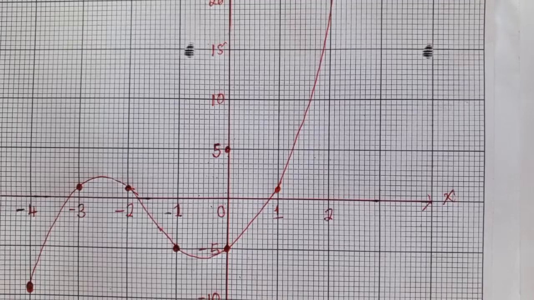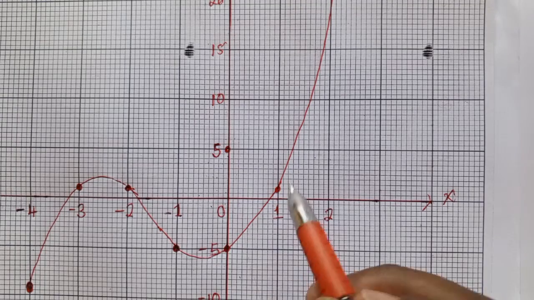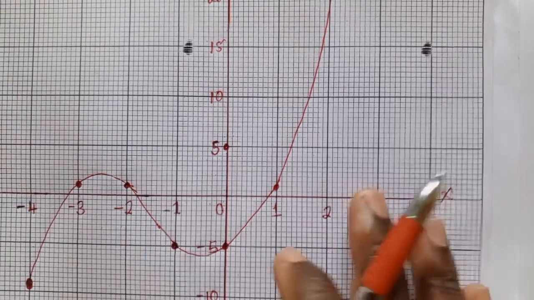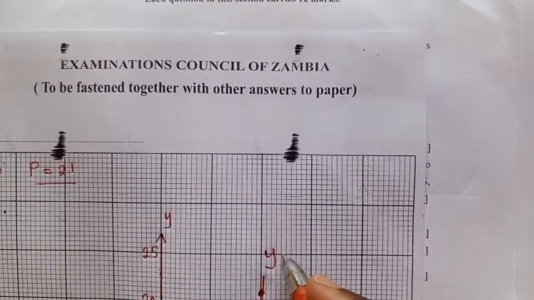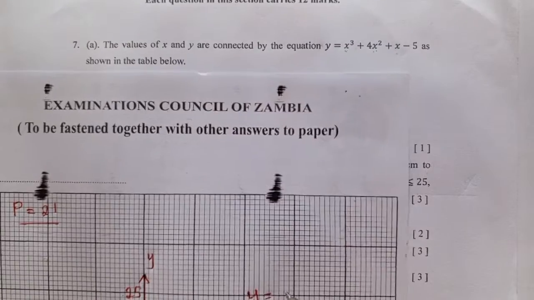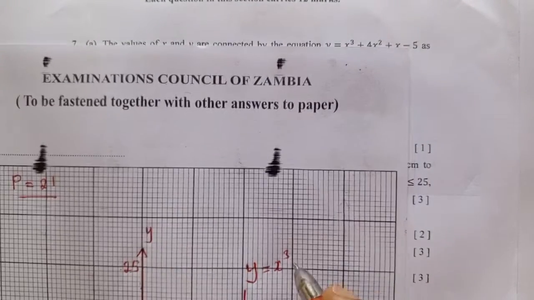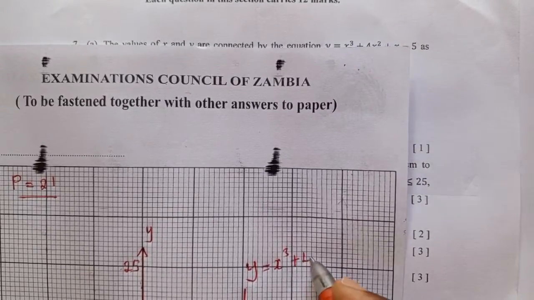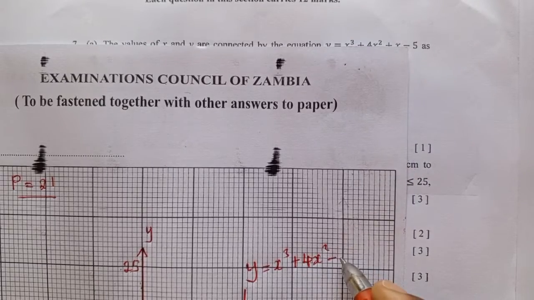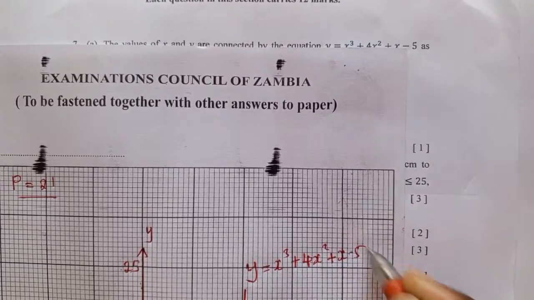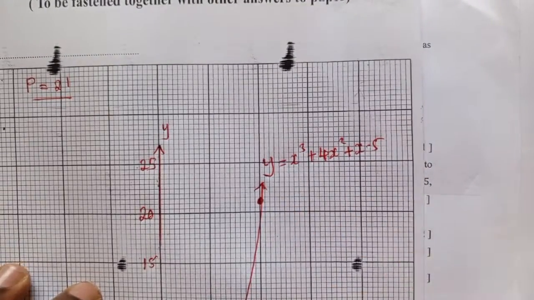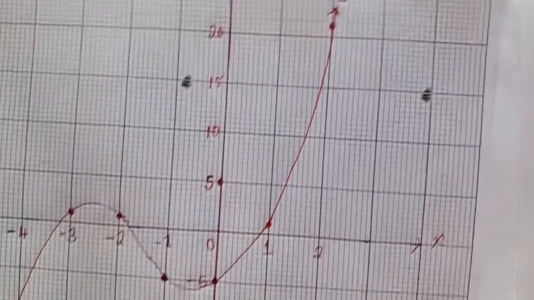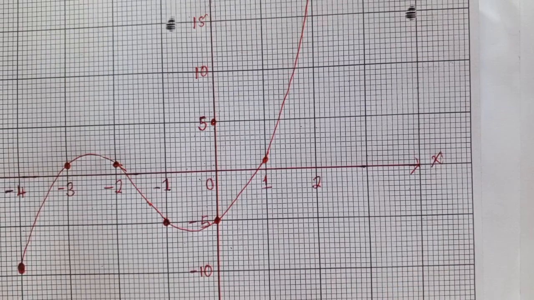After you do your graph like this, and remember the points must be showing, you indicate that this is my y is equal to x power 3 plus 4x power 2 plus x minus 5. Just copy this to indicate that this is the graph you are dealing with. So this is how beautiful the graph looks.